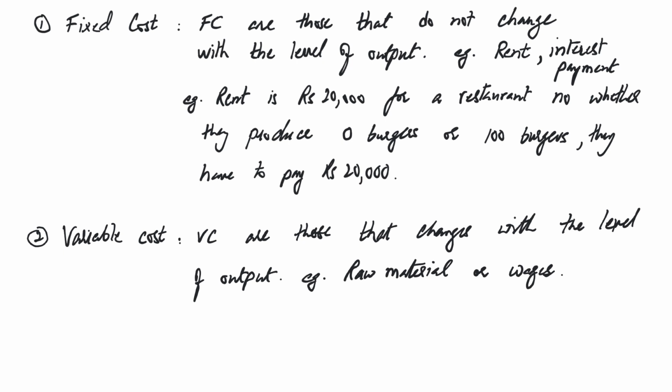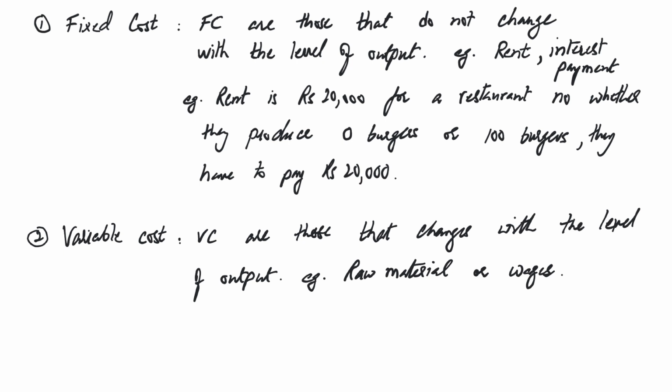If you are doing production, you will have to buy raw material and pay for the labor. But if you're not doing production, you don't have to call the labor. Just tell them that until an order comes, we're not producing anything, so we don't need you. So labor can be a variable cost.